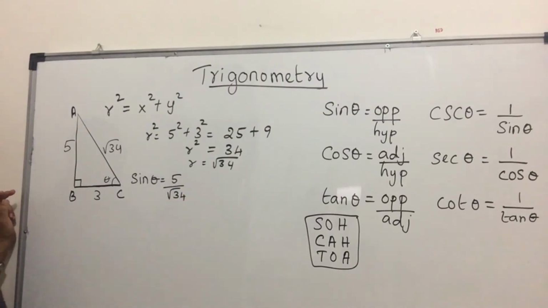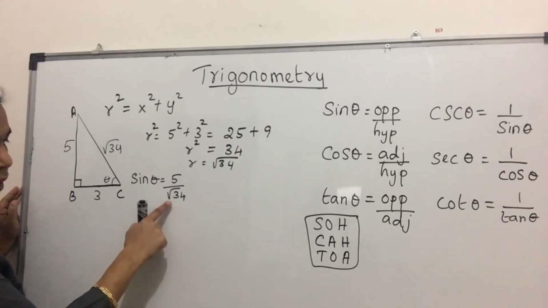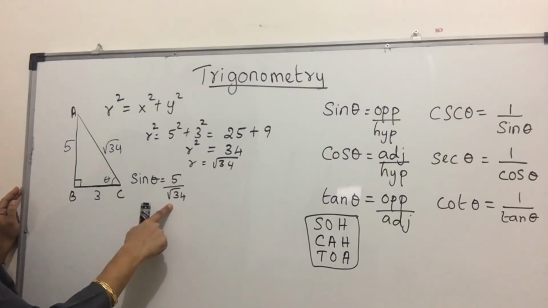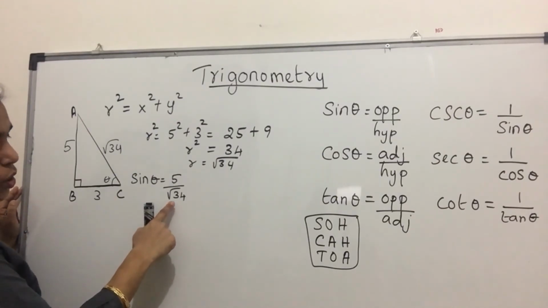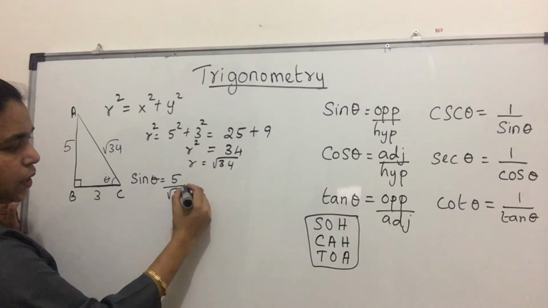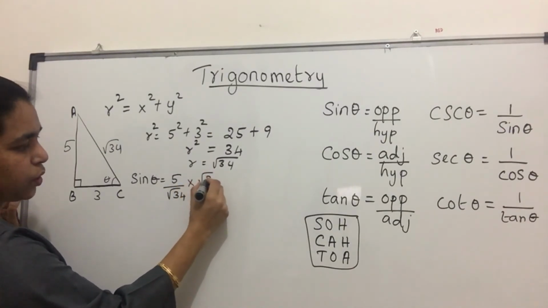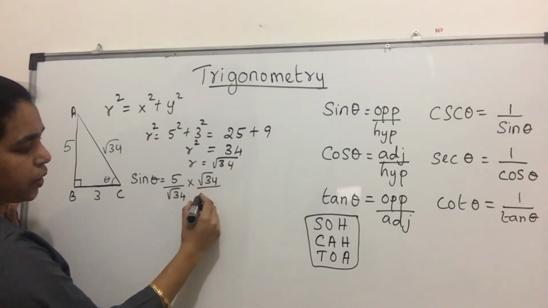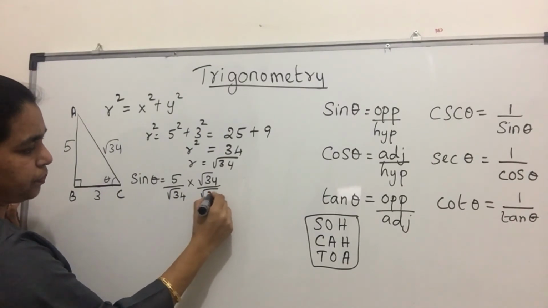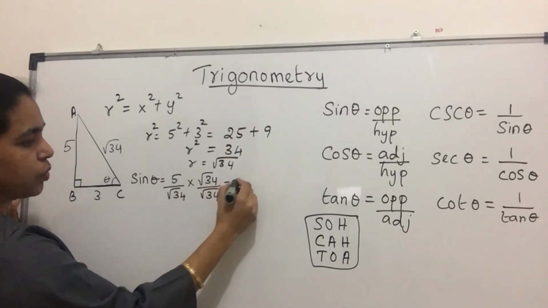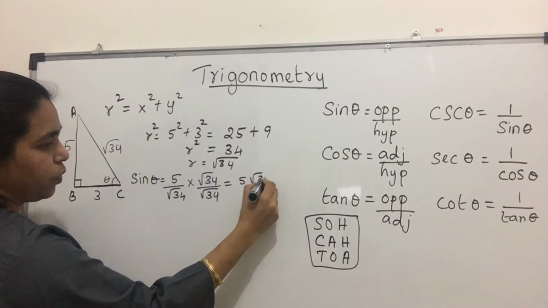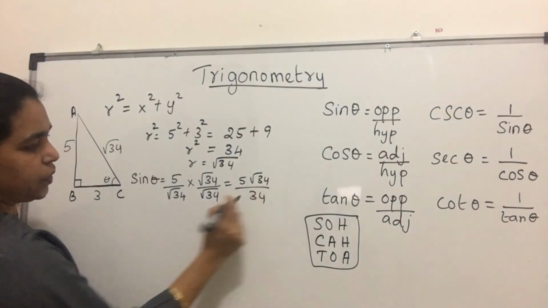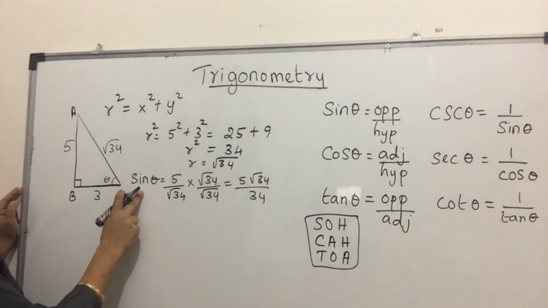You cannot leave a radical in the denominator, so you have to rationalize it. For rationalizing, you multiply radical 34 with the numerator and also the denominator. So this is 5 radical 34 over 34. This is the answer for sine theta.